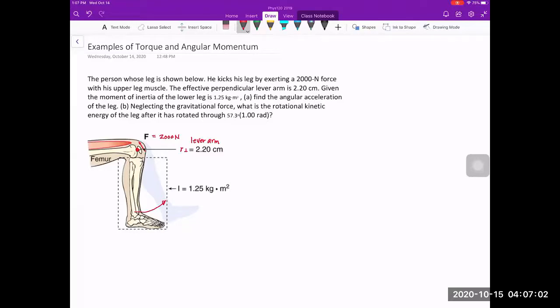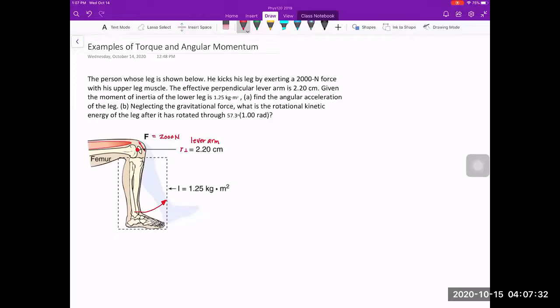So this is actually a rotation problem. How do things start to rotate? If you want to make things rotate, you have to provide a torque. So this problem is a torque problem, and you need to give a torque in order to give the rotation.